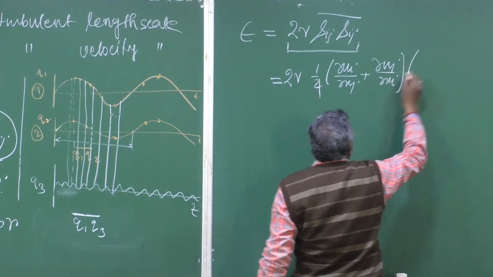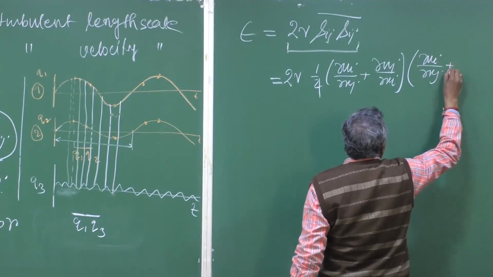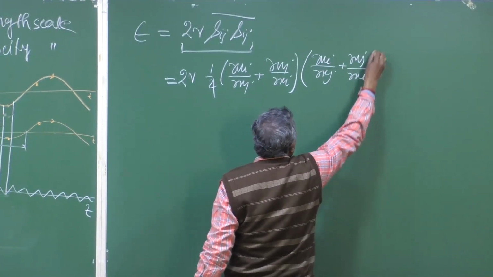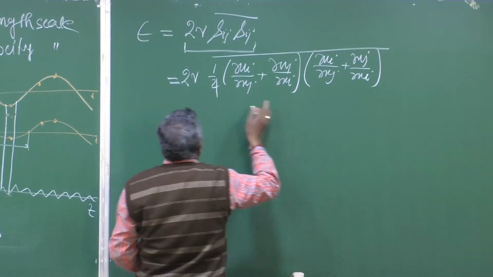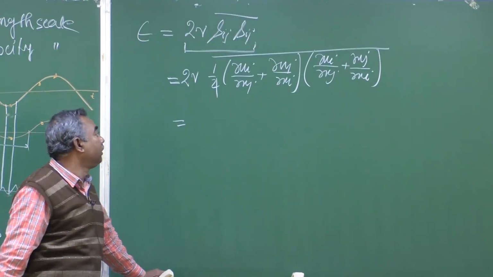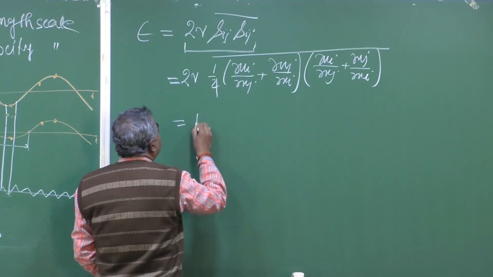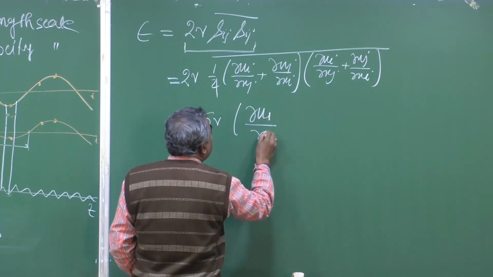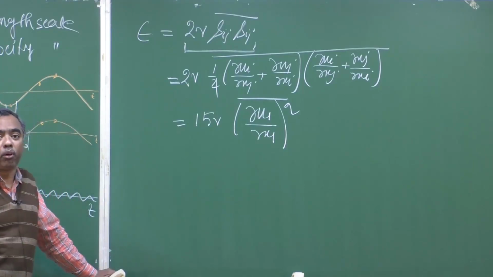Similarly, del ui del xj, del uj del xi. Okay. So, this is your expression. If you multiply, and consider the flow is isotropic and homogeneous, then eventually you will be able to show this as 15 nu, del u1 del x1 square bar. That is what it will come for isotropic turbulence.